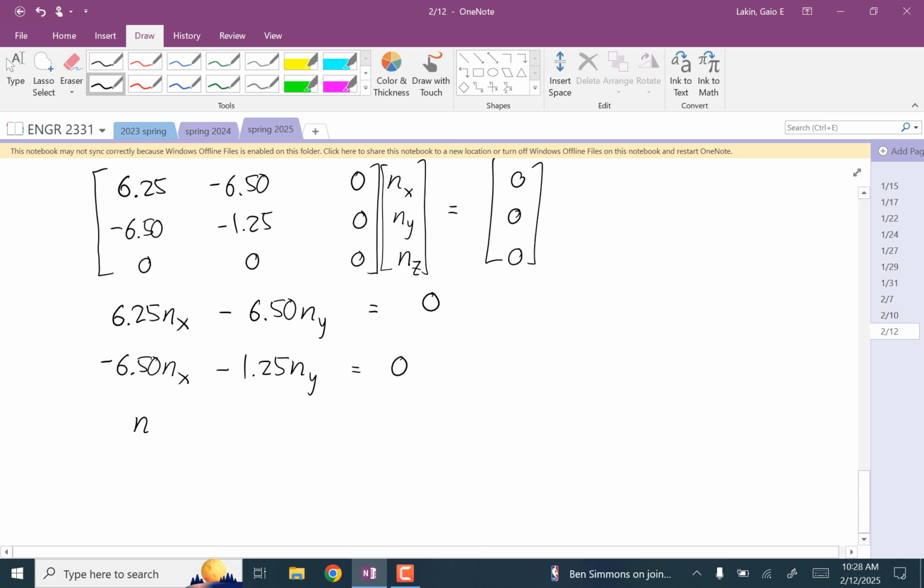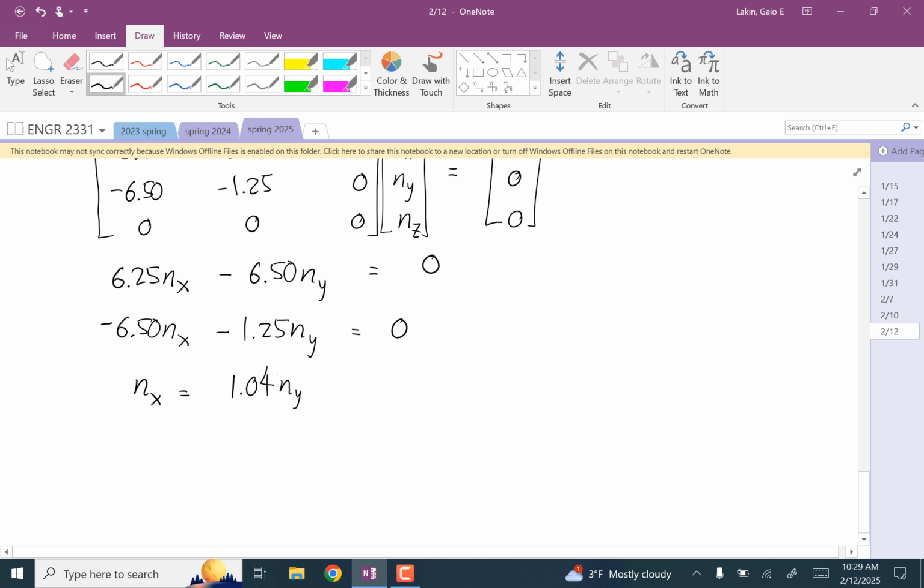The first one says nx is equal to 6.5 divided by 6.25, so nx is equal to 1.04 ny.